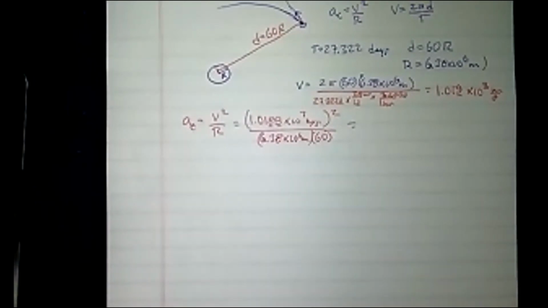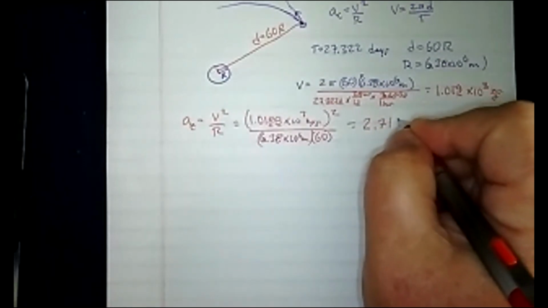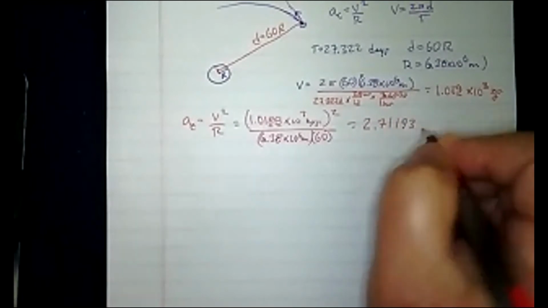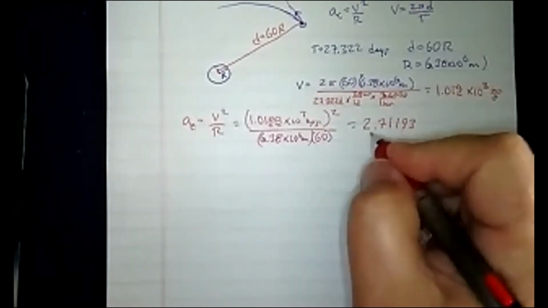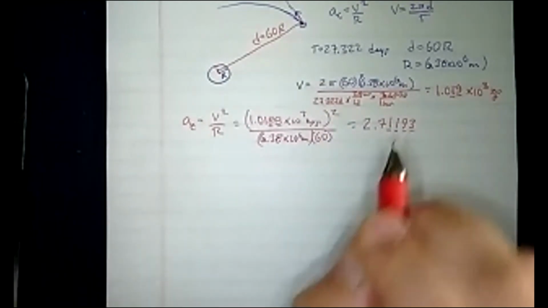So I'm going to take that velocity and we'll square it. And then I'm going to divide that by parentheses 6.38 e to the 6 times 60. And I get 2.71193, which really should be, I only did 2 sig figs there, so honestly I shouldn't be using any more than 2 sig figs.